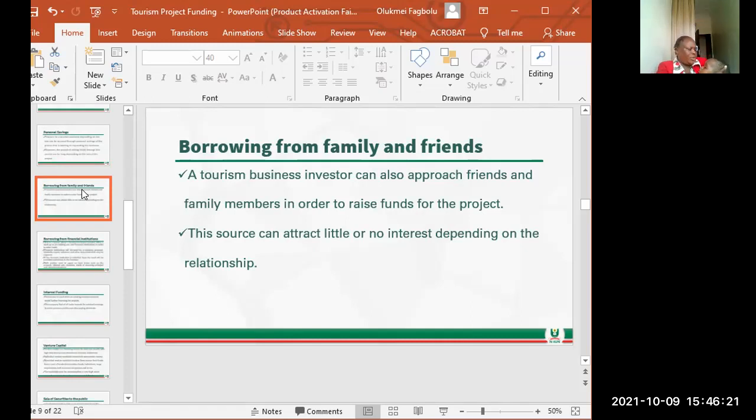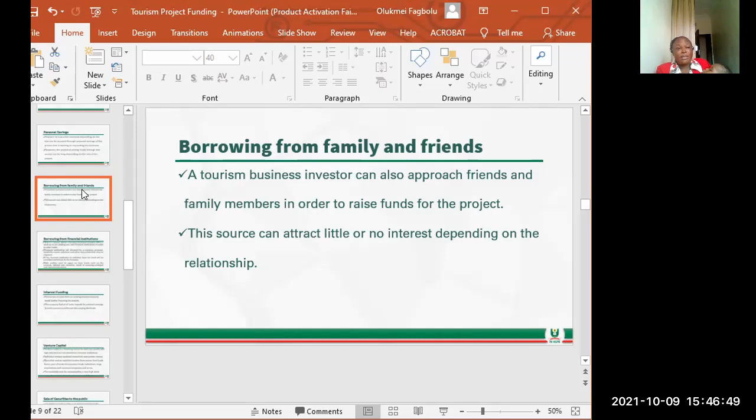If you tell them I want to use this money for this type of business, and they think that business will succeed, that business will fly, then if they have money, they can lend. But to borrow money from family and friends, you may have to visit a lot of people in order to get money.